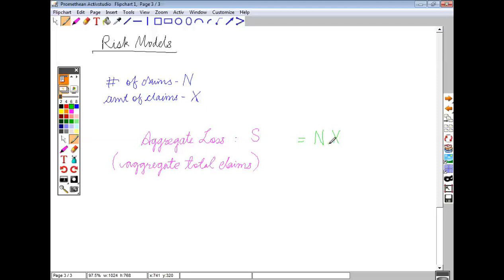Because all of the claims won't come at a single time, right? How will that affect what you just said? The number of claims will be defined as the number of claims in a year. So let's say I define my N as the number of claims in a year.